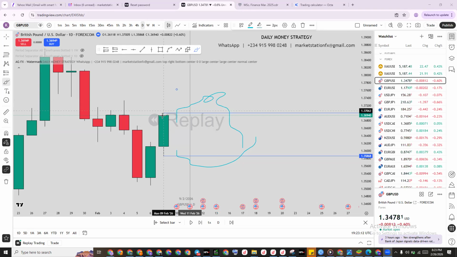So when market takes this liquidity, if the structure is a bearish structure, once market goes above this, you want to be looking for your zones, either your zones or your order block or your key level or anything that informs your buying or your selling, right? When market comes out here, you want to be looking for your key level, your demand, your bullish order block. Do you get that now?